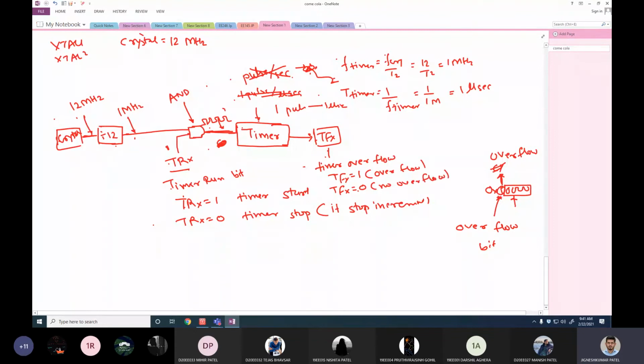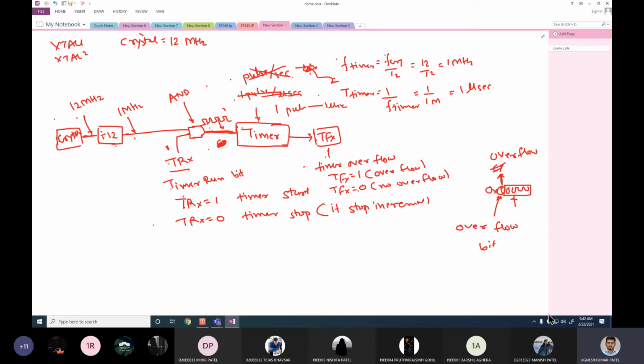We are going to see the deeper meaning of this. But right now, I can say TFX equal to 1 means overflow has occurred. Now we are going to evaluate what that means and why it is very important. See what happens.